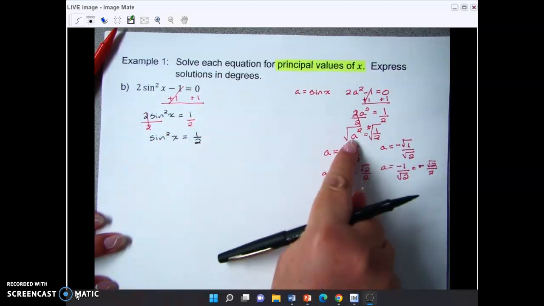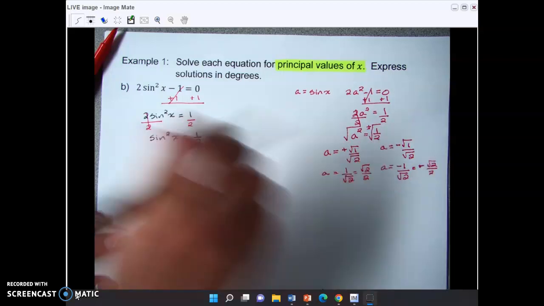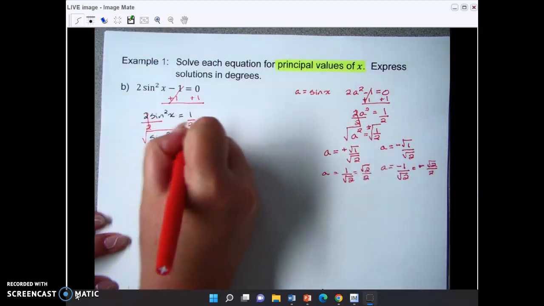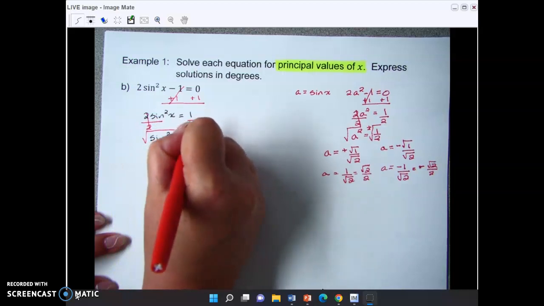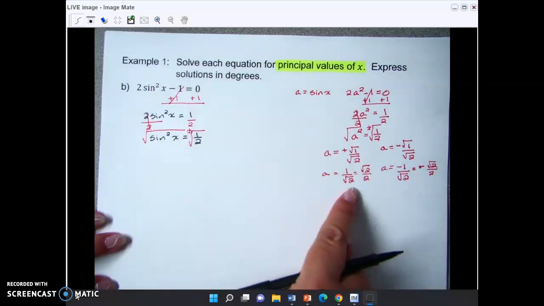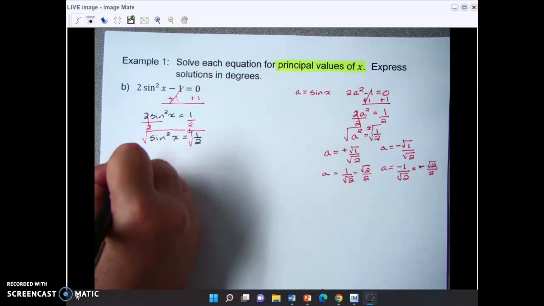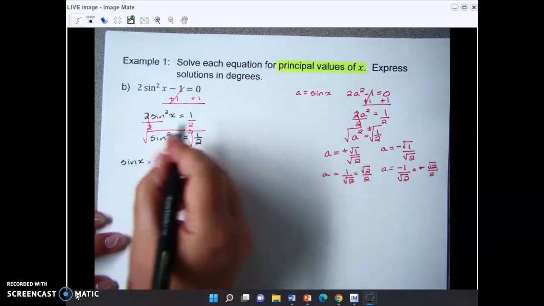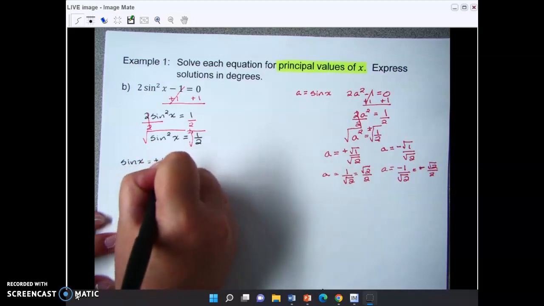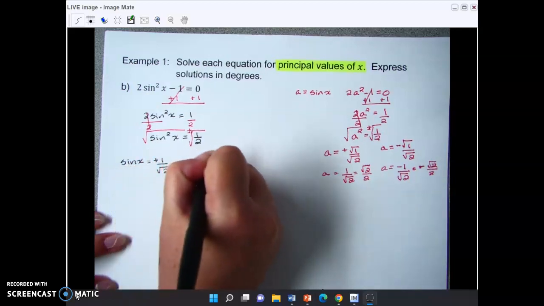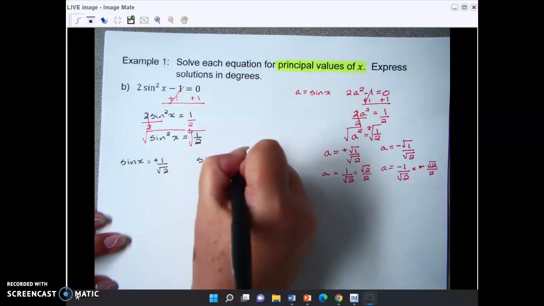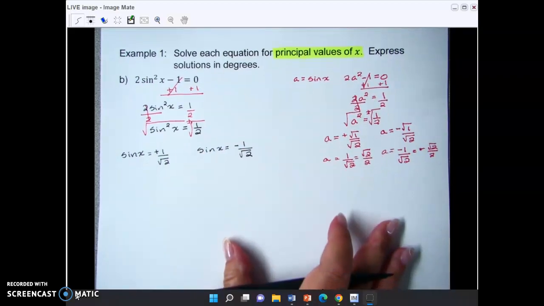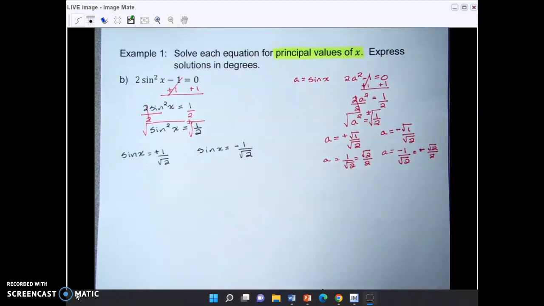And then just like I did when a squared was equal to 1/2, I'm going to take the square root of both sides. And so just like we did with the work over here, we have sine of x is going to be positive 1 over root 2, or the sine of x is equal to negative 1 over root 2. Okay, so I'm going to leave it like that for a second.